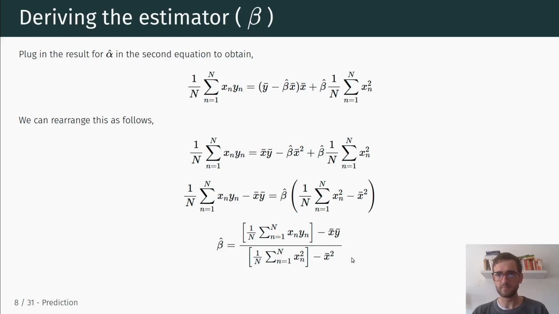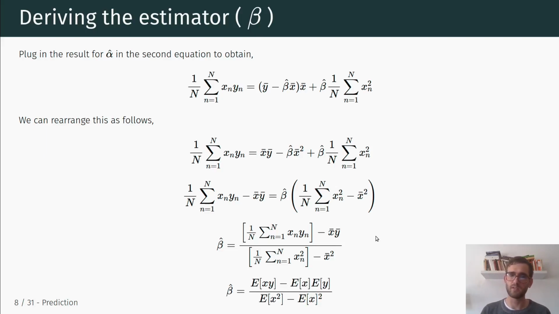Okay. And now we already have basically beta hat as a function of observed data. So we can basically plug in our data and get our beta hat. But we can still rearrange these a little bit to make this look a little bit nicer, and also make it look more consistent with the specification in the book. Okay.